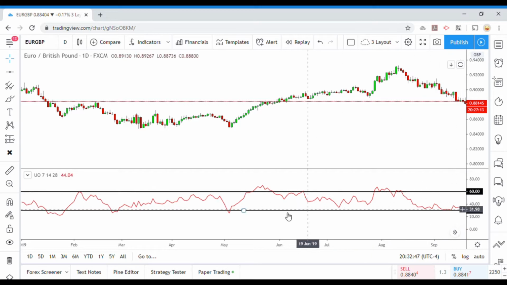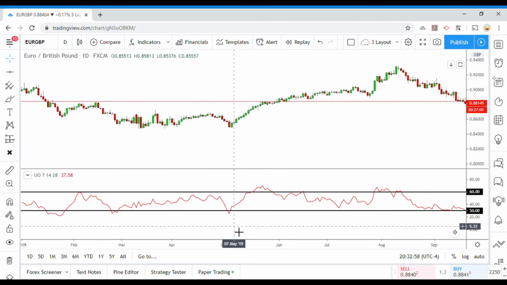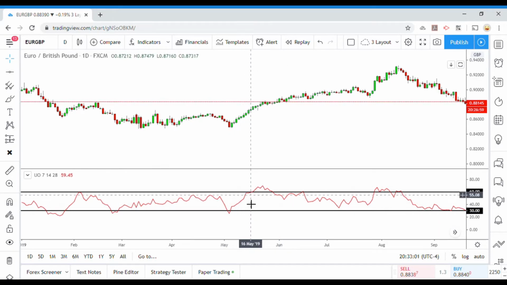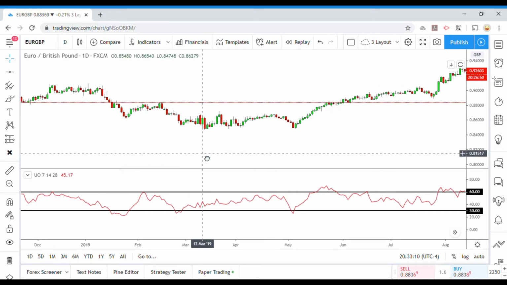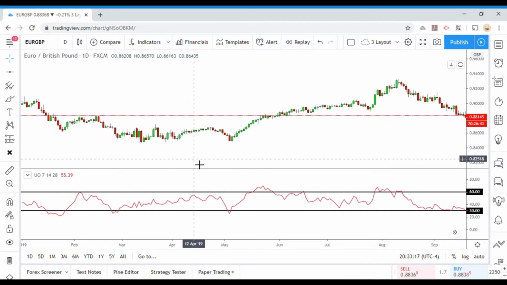So sometimes you'll find that putting two lines in here can turn one indicator into an indicator that does multiple things. It's giving you long signals, short signals, but it can also filter out some of the chop in the market, those times when the market is just ranging and there's not a lot happening.